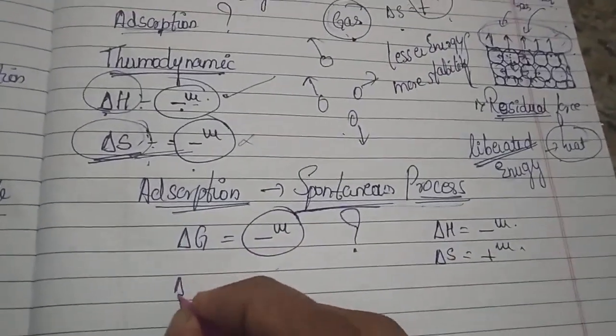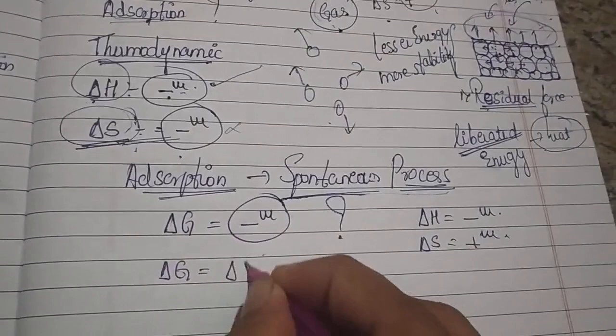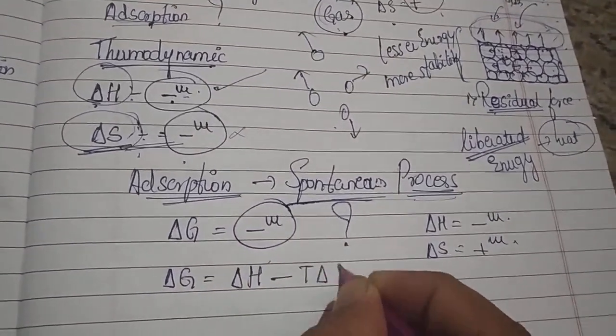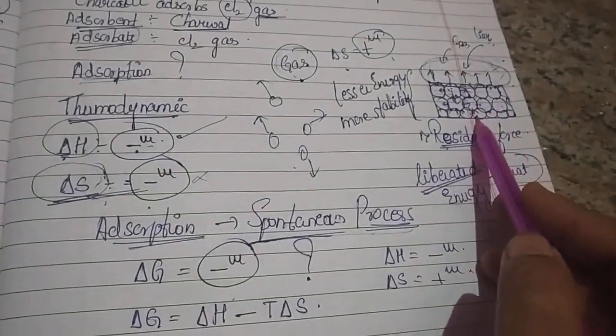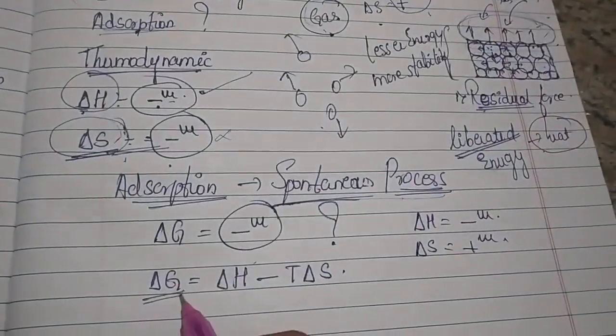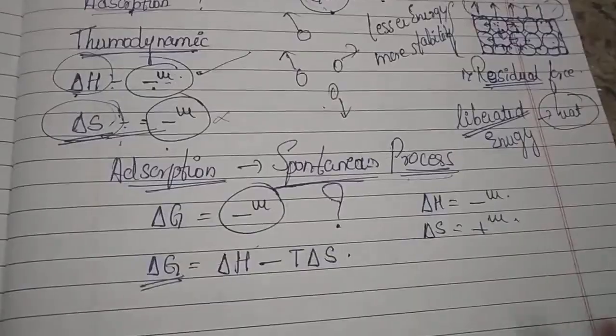When I look at the equation delta G equals delta H minus T delta S, remember during a spontaneous process we get delta G as negative. Why?